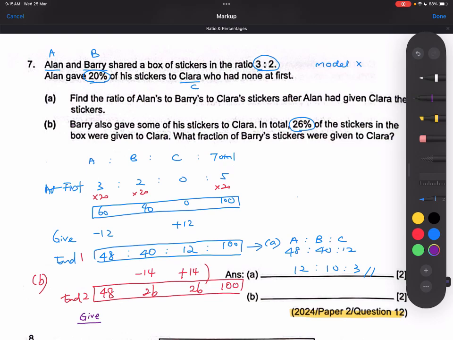The denominator is what you have at first. What Barry gave away is 14. What did he have at first? 40. And reducing this, we get 7 over 20. This is our answer for part B.